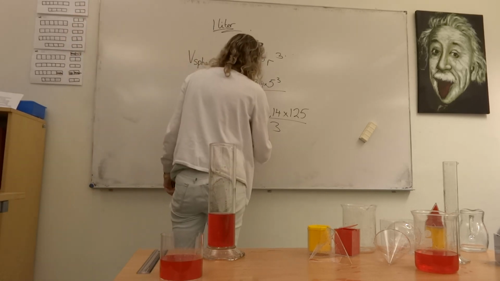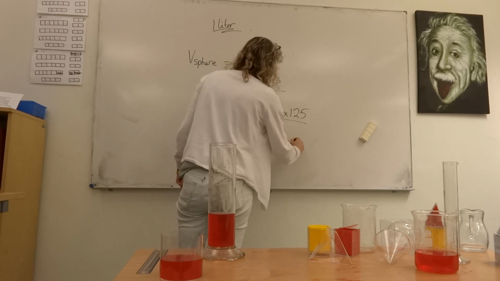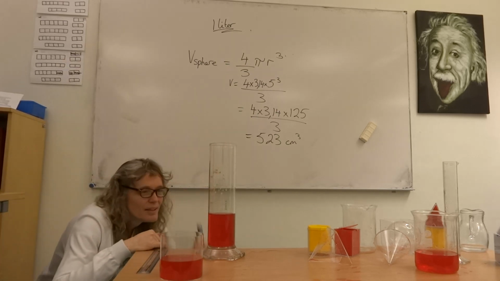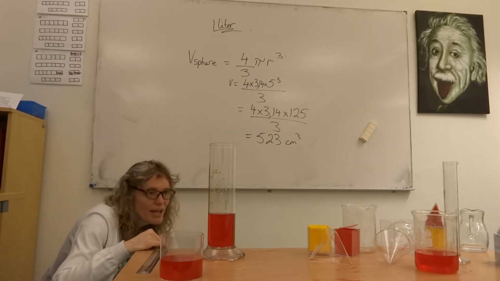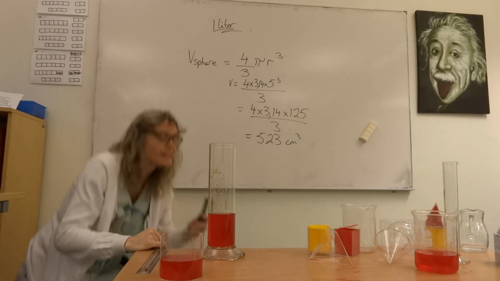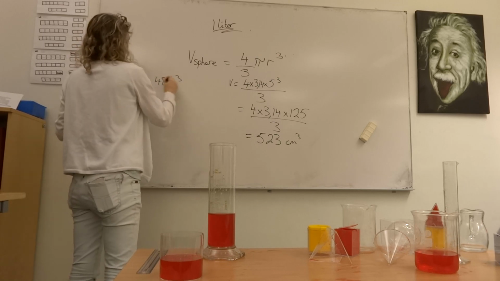523. Can we have someone else to check as well? When I read off the scale here, we get 480 centimetres cubed.